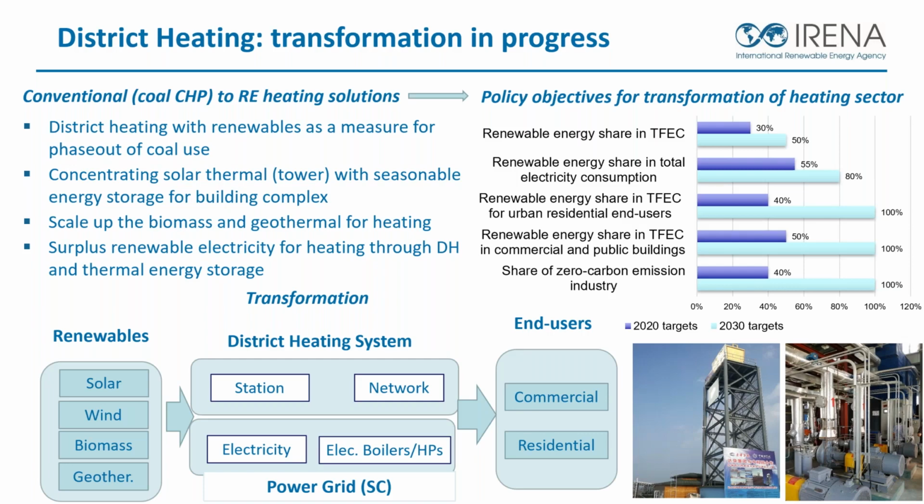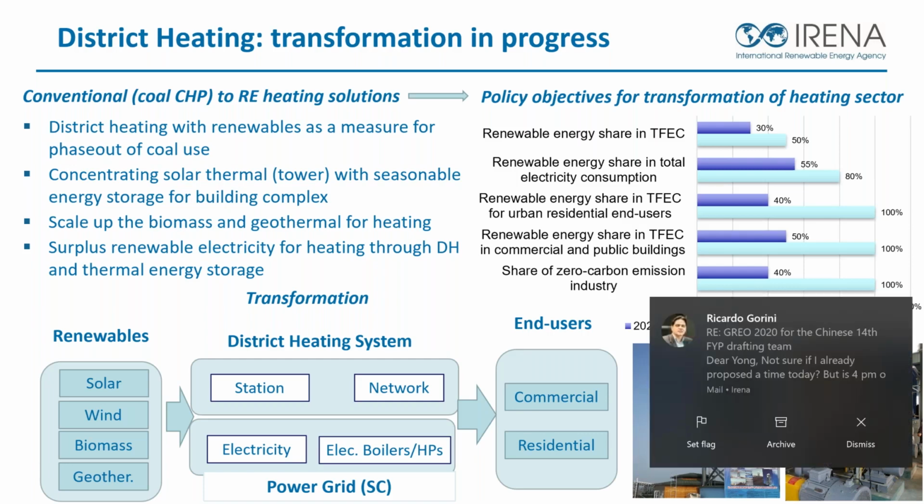Currently, they have set targets for 2020 and 2030 for renewable energy shares in total final energy consumption, as you can see in the chart on the upper right. For district heating, the approach is pretty simple: can they substitute coal using renewables? In discussion with experts we came up with some options.